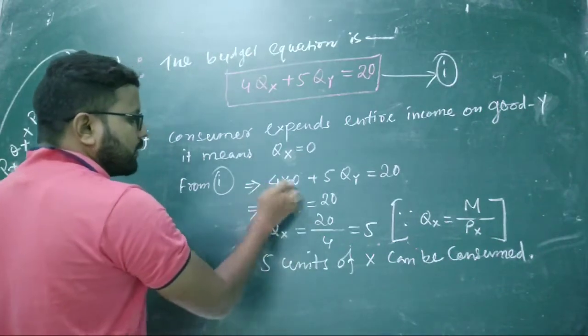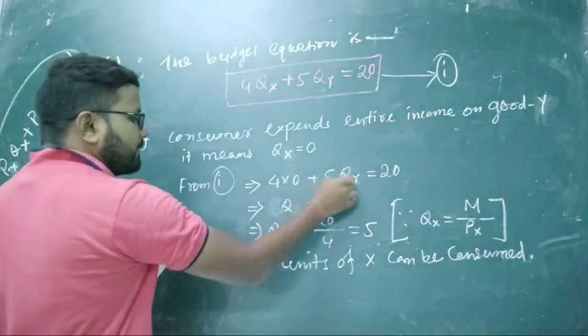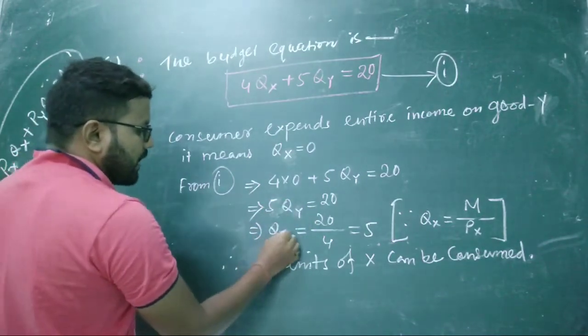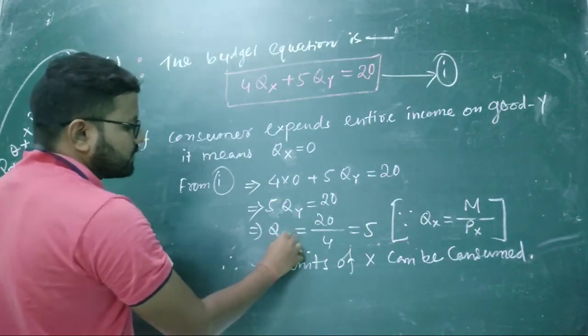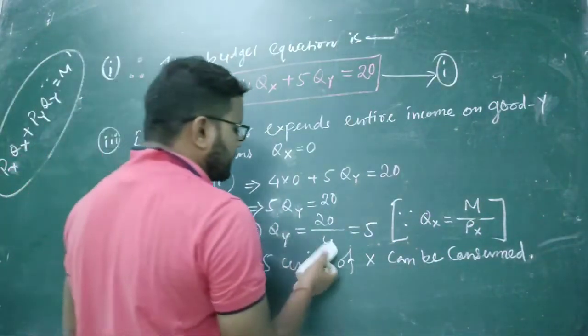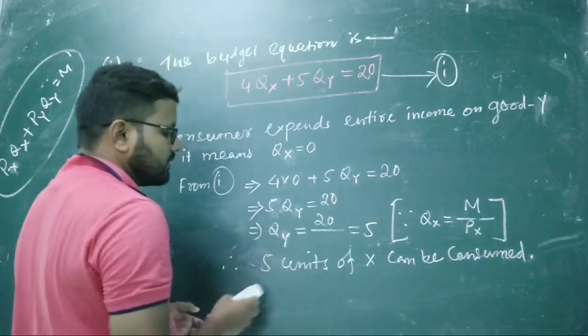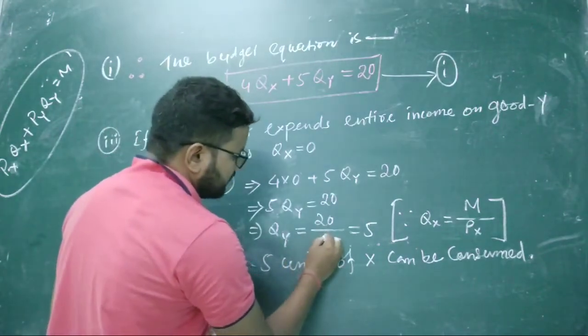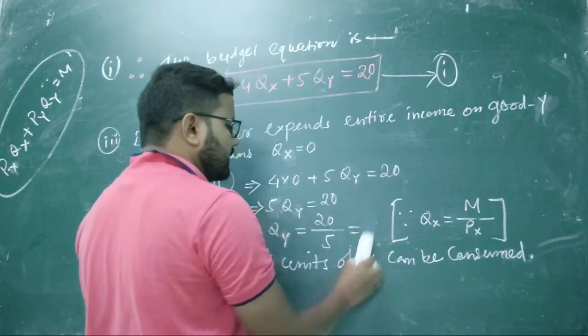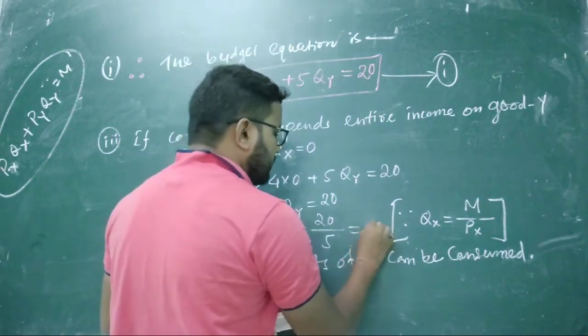So here 4 into 0 becomes 0, 5QY. If we want to calculate the quantity of Y, then 5 becomes the denominator. If we divide 20 by 5, then we will get the amount of 4.